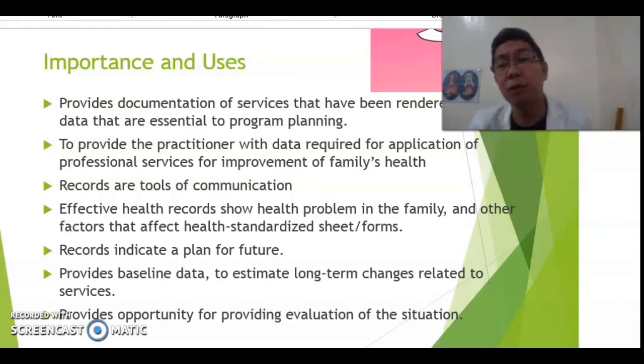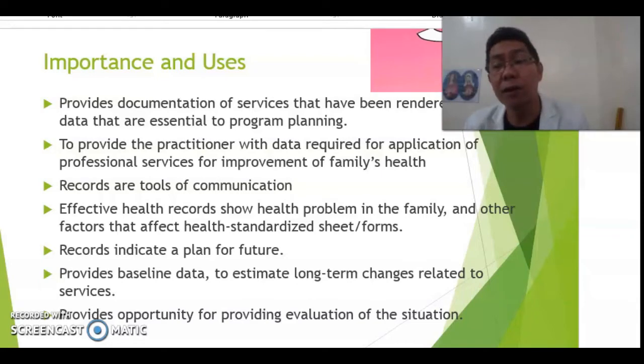This will also provide the practitioner the data required for application of professional services, so that we can improve more the health of the family. And this serves as a tool for communication, because you will be able to relay the information to those who are in touch with the family, those who are assigned to take care of the family.